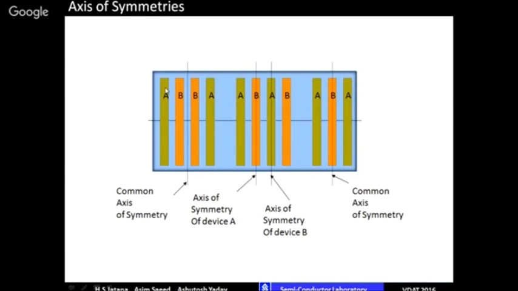Now you see if the variation here, again it's a linear variation, 1, 2, 3 and 4. So what will the variation in A? 1 and 4 is 5 and 2 and 3 is 5. So both will vary same. So value of both A and B will be same if they are symmetric. This is interdigital. AB. Here it will not be same.